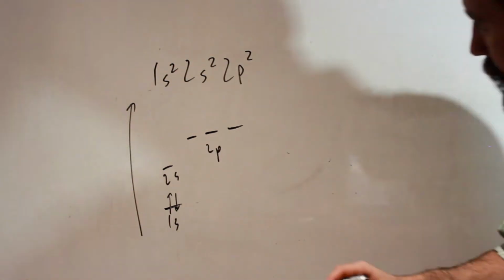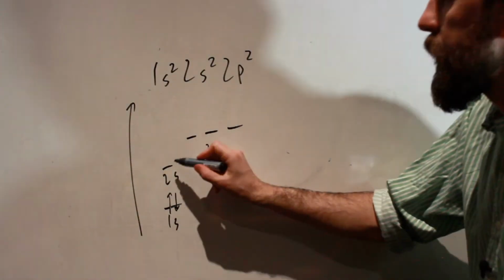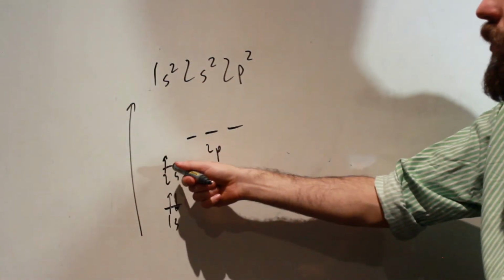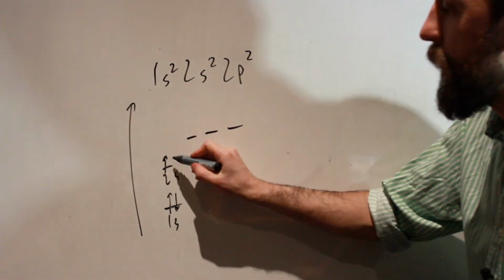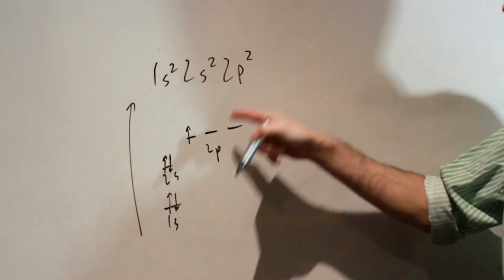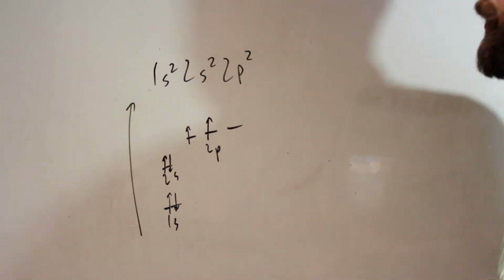So if we do it like this in the unhybridized low energy state, we would have an electron there. We then had a rule that said we would fill this energy level before that energy level, so a second electron would go there. We then fill this one. We've got one more electron. We fill in the vacant orbitals before pairing up.